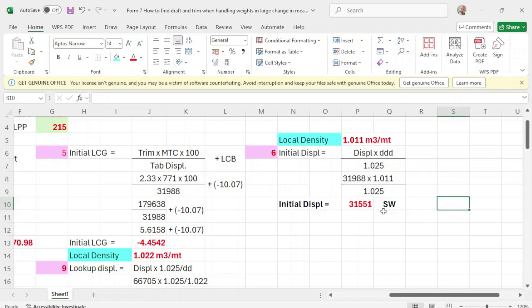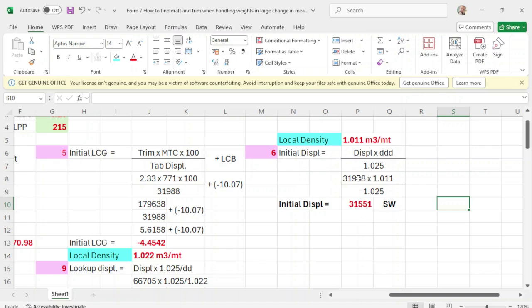But if you're floating in salt water, you have a lesser displacement.